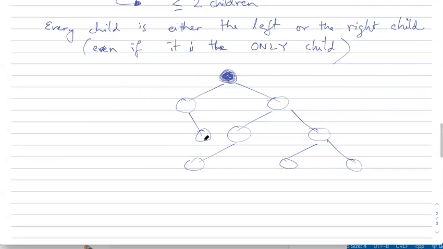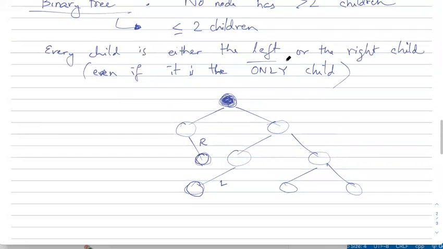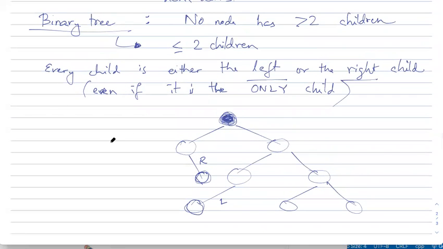Note here, this is a child, single child of this parent. This is also a single child of this parent. But this one is a right child, this one is a left child. And therefore, every child is either a left or a right child in a binary tree. Okay.